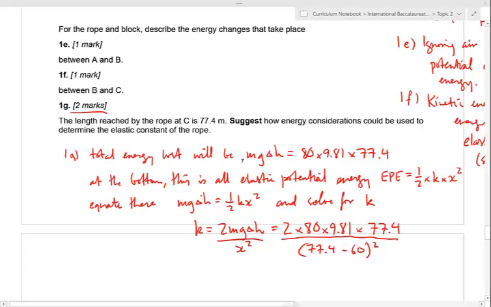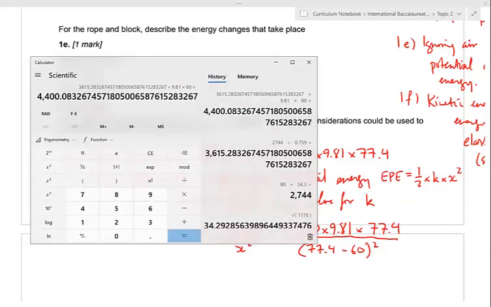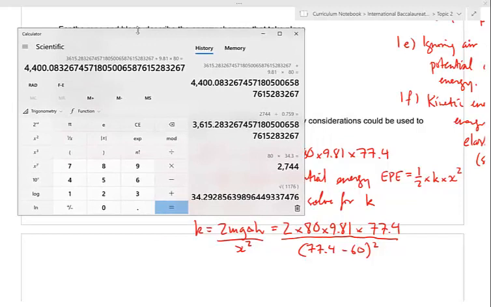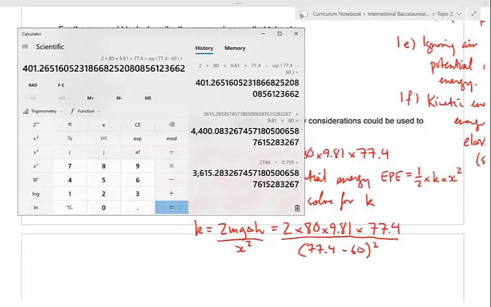And why don't we just work it out since we're here? Note that the command term suggest means that you don't have to actually find the solution, you just have to say how to do it. So 2 times 80 times 9.81 times 77.4 divided by 77.4 minus 60 squared, which gives us 401 newtons per meter.